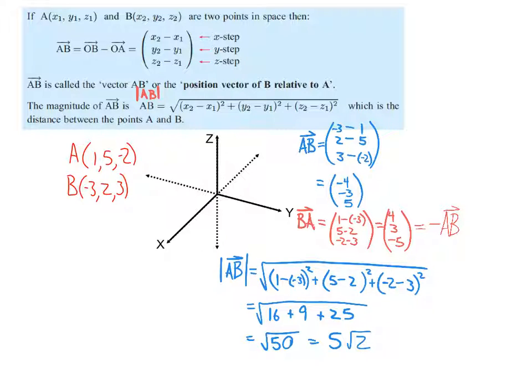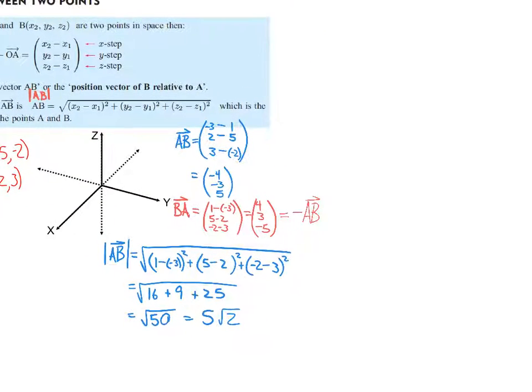So I could just use those straight from my vector. It's 4 squared plus 3 squared plus a -5 squared. And I get the same thing. Don't do the same work twice. We already did this subtraction once. Just put the components in, square them, and add them up inside your radical.